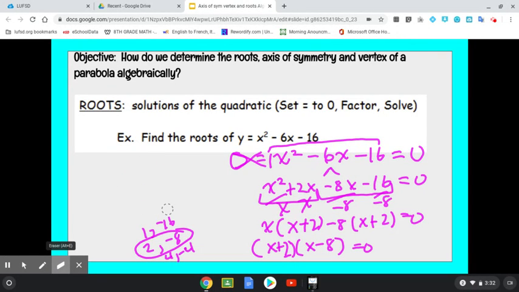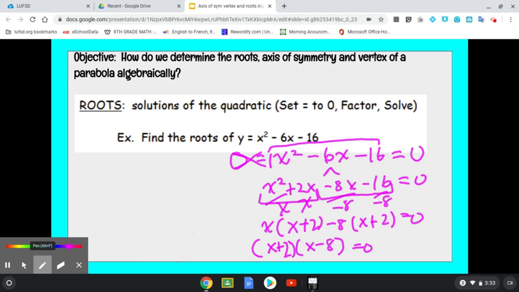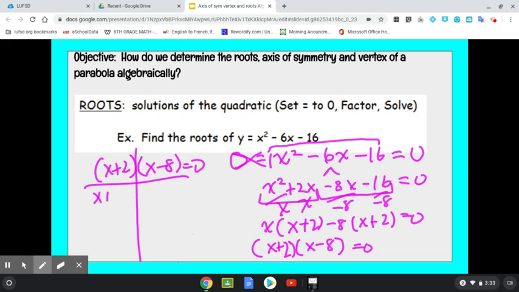These are the places where our quadratic crosses the x-axis. So we tee it off. We have x plus 2, x minus 8 equals 0. And you have x plus 2 equals 0, x minus 8 equals 0. Therefore, x equals negative 2 and x equals positive 8.